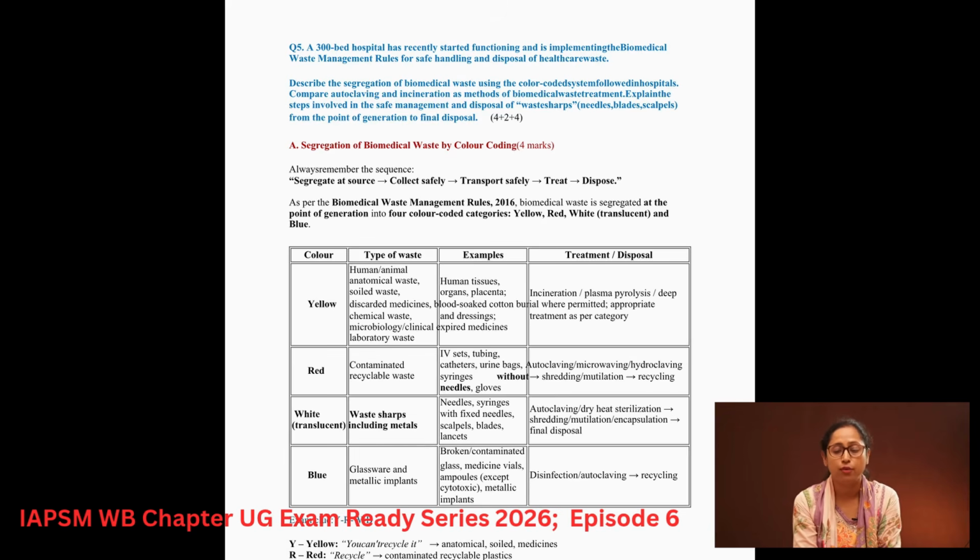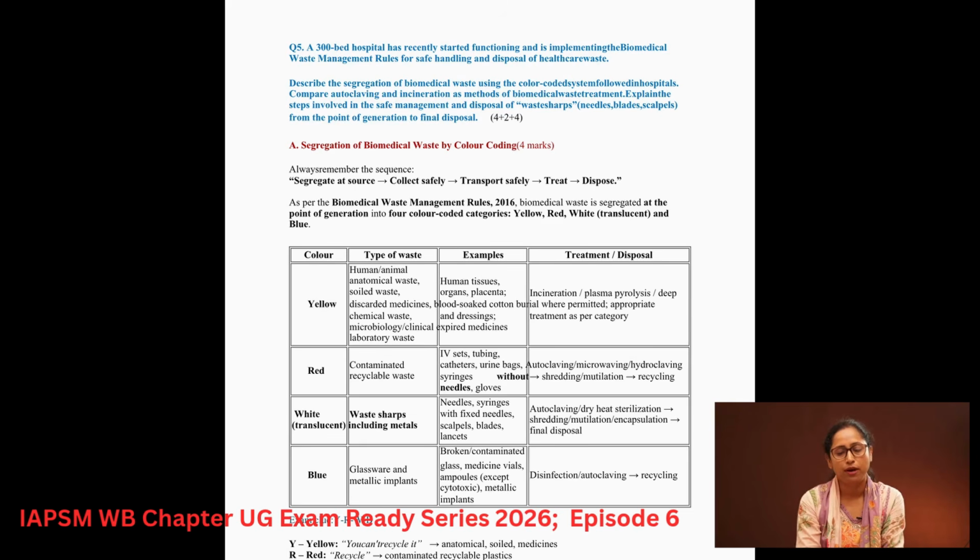For example, human tissue, organs, placenta, blood soaked cotton, etc., and the disposal would be incineration or plasma pyrolysis, deep burial where permitted, and appropriate treatment as per category. Okay. So, accordingly you can write about the red, white and blue also.